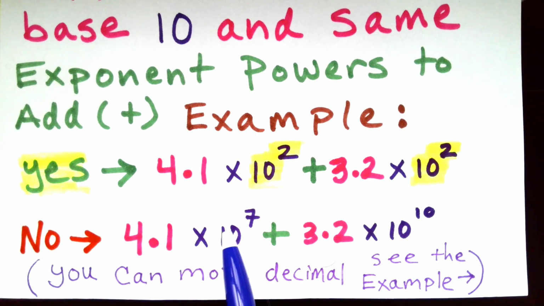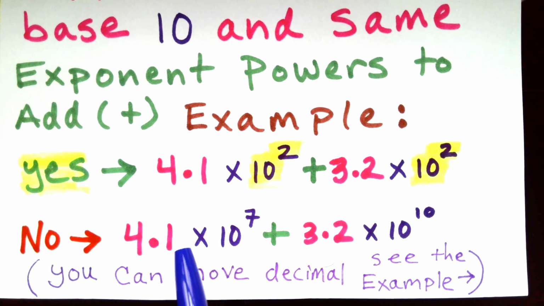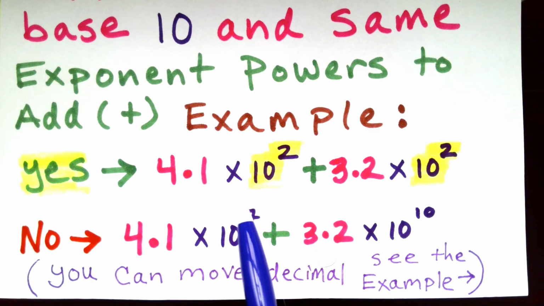No! 4.1 times 10 to the 7th power plus 3.2 times 10 to the 10th power is not correct. You cannot add these coefficients. But, as I mentioned down below, you can move the decimal in order to manipulate the coefficients, either 4.1 or 3.2. You can manipulate by moving the decimals, which will change these exponential powers.